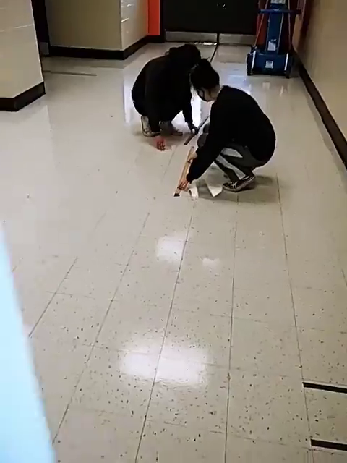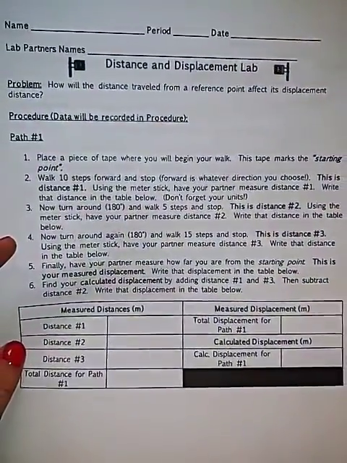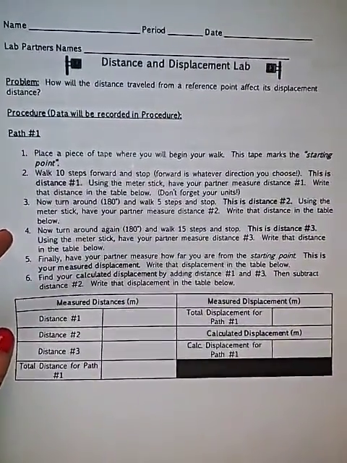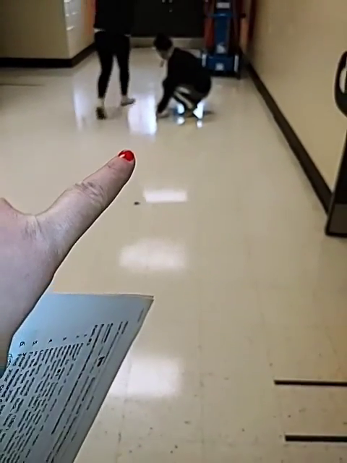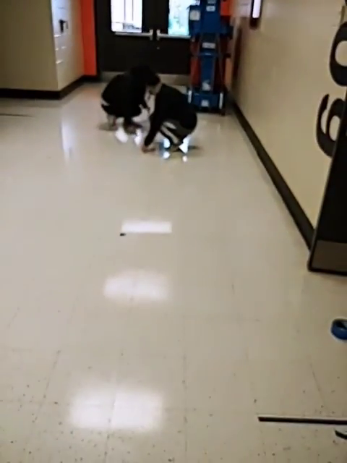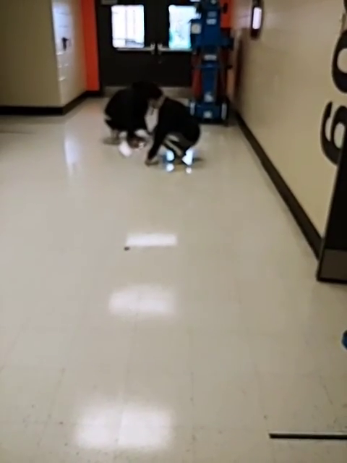Our distance number 3 is now 15 steps back in the forward direction. So this is from this piece of tape all the way to right outside the door to our 15 steps.